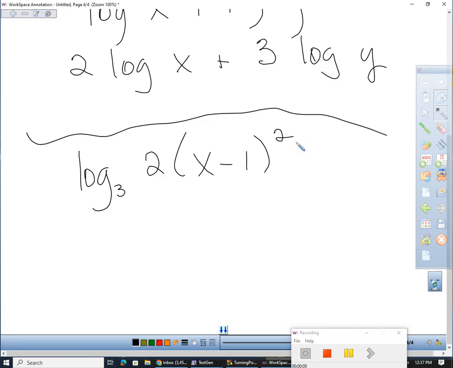Behind that log, I have a 2 and I have this parenthesis that's squared. What are those two things doing? They're multiplying, right? Technically, this 2 multiplies this. So in the log world, if we're multiplying, we're really adding. So I have log base 3 of 2 plus log base 3 of x minus 1 squared.